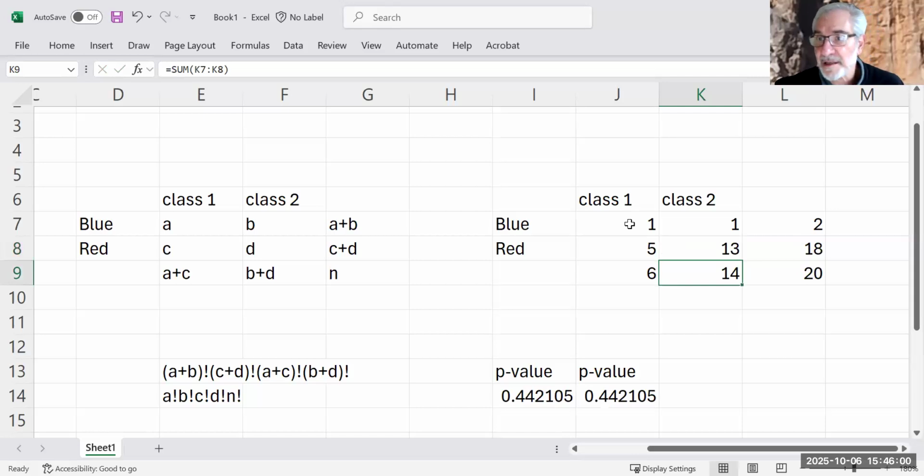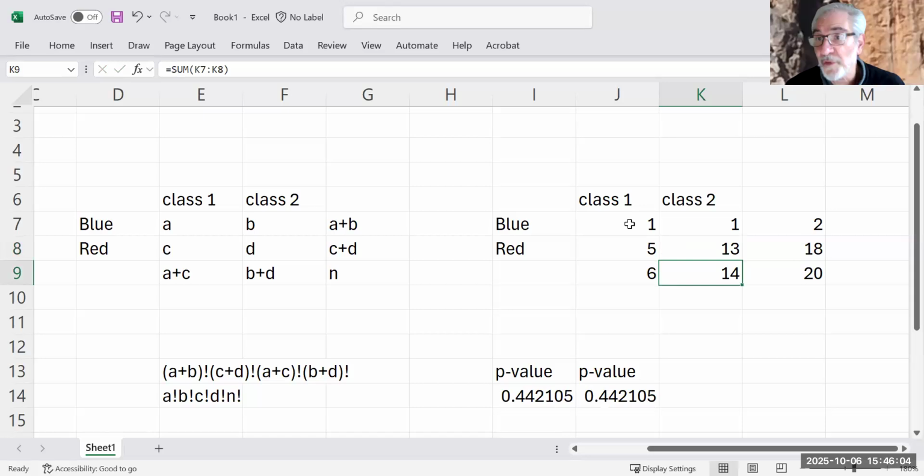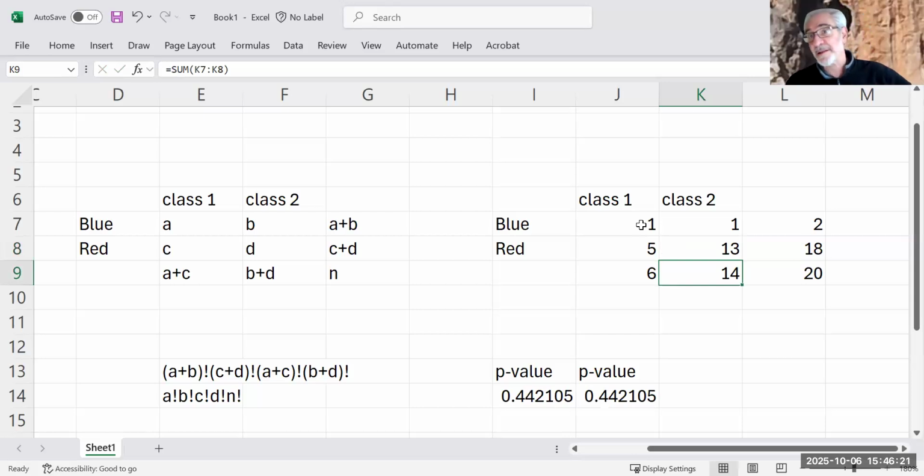Yeah, that significantly changes it, doesn't it? That's way different. I mean, they're both insignificant, right? It does make sense that we'd be getting bigger p-values for smaller values. But in both cases, they turn out to be insignificant.